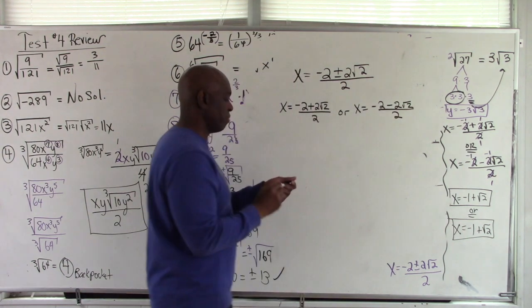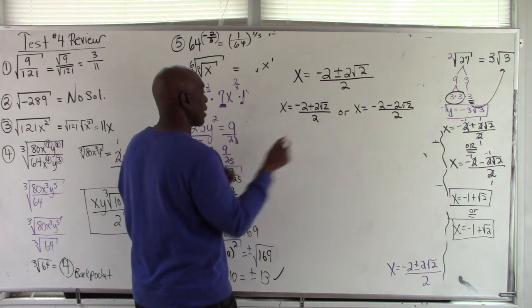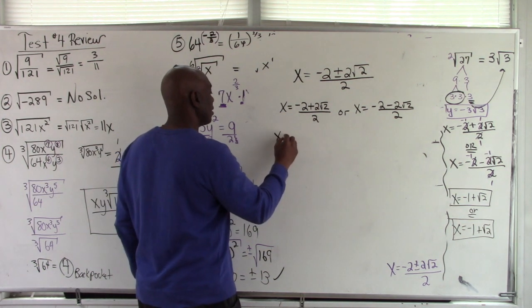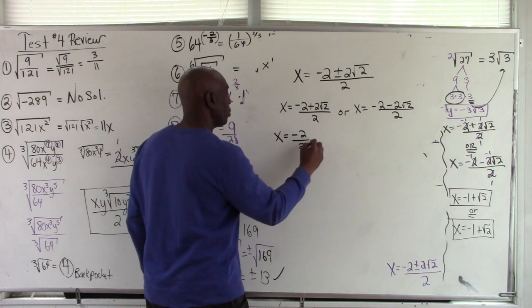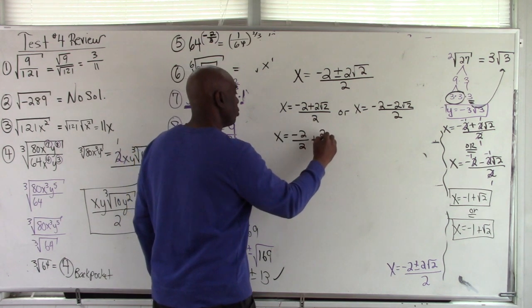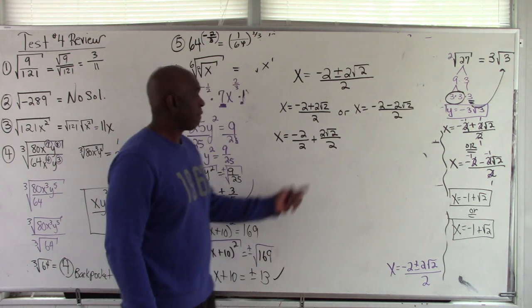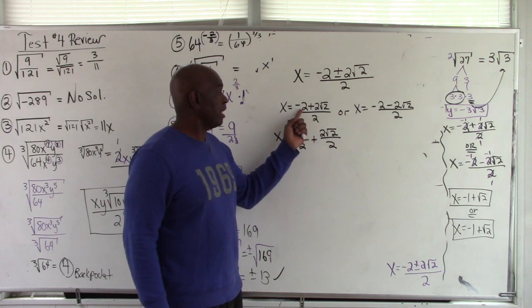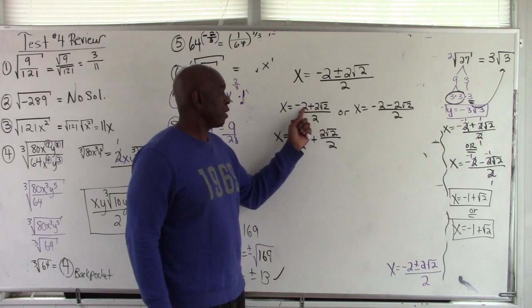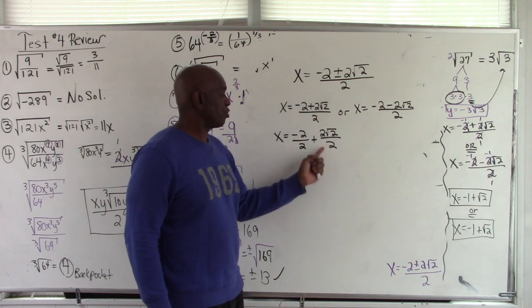Now let's break each one of them down. I can really split this one up. Look at it. This is x equal -2 over 2 plus 2 root 2 over 2. See how I split that up? I put my denominator of 2 underneath each term in the numerator. Negative 2 over 2 plus 2 root 2 over 2.